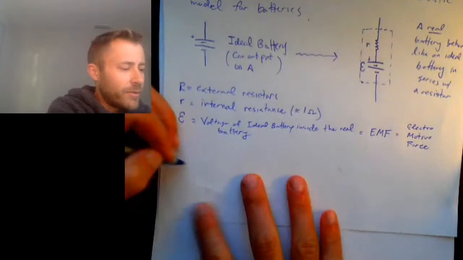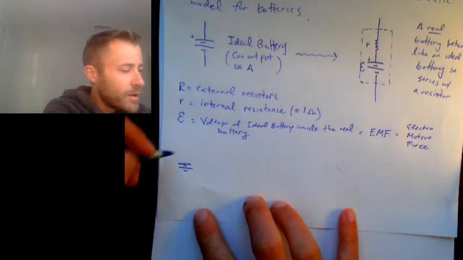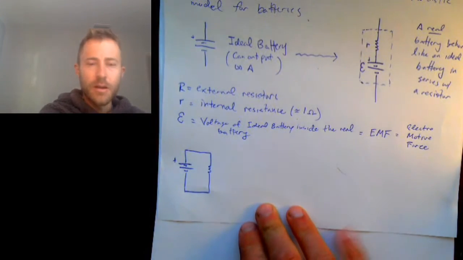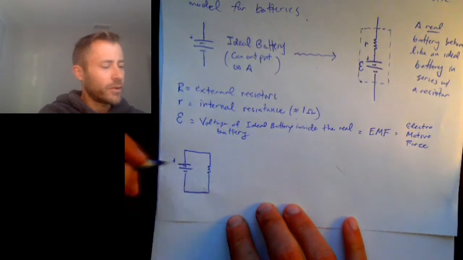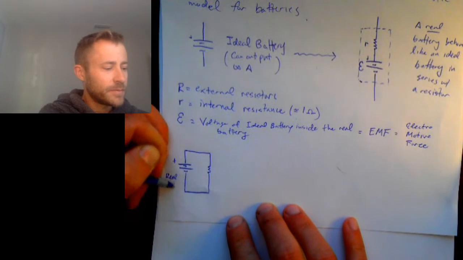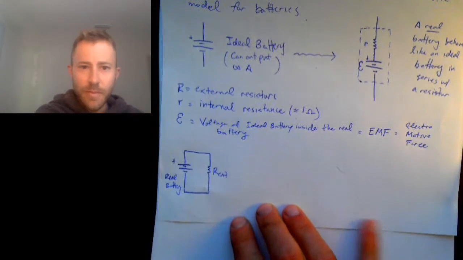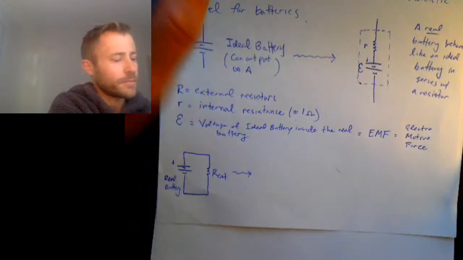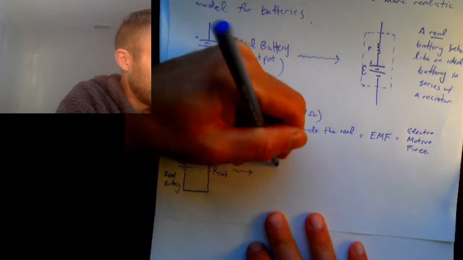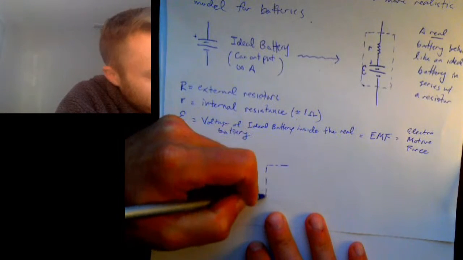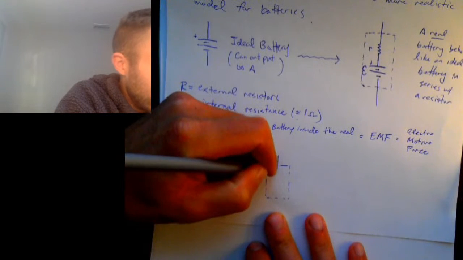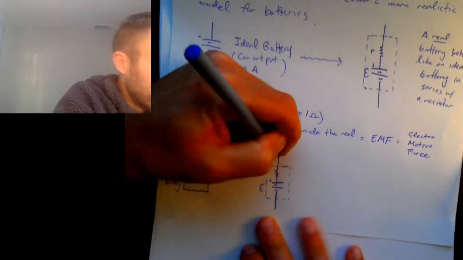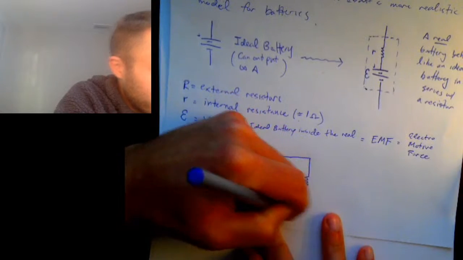So if you have a circuit that looks like this, where this is a real battery, and this is the external resistance, then what you are actually going to have is that the real battery should be replaced with an internal resistor and then an ideal battery with an EMF E. And here's the external resistor.